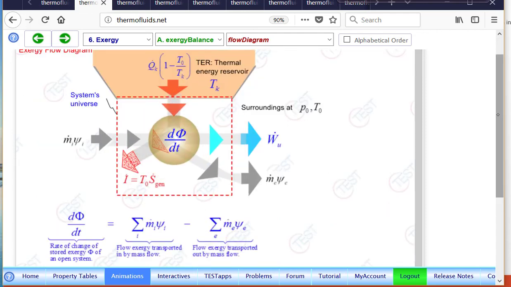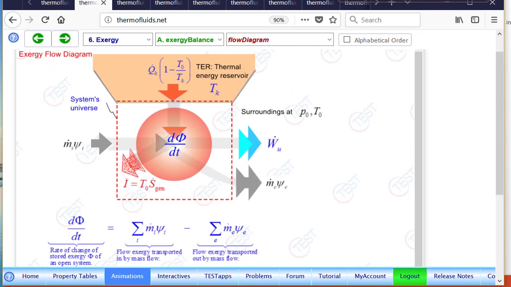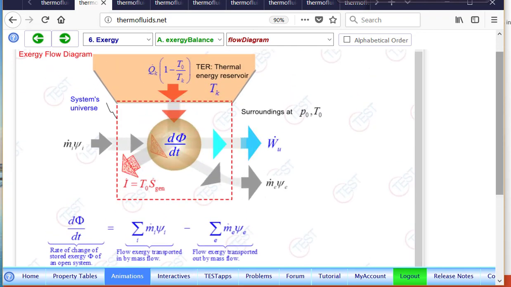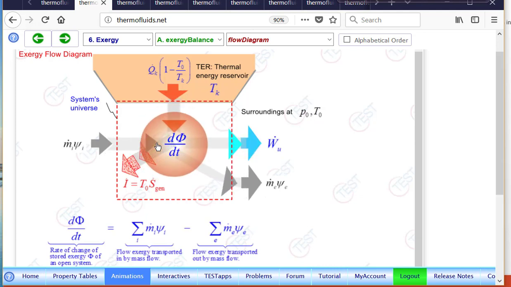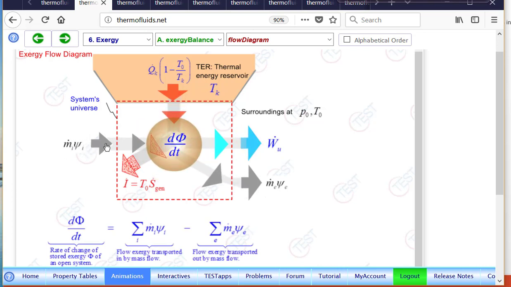So this is the exergy balance equation, for instance. It keeps track of useful energy of the system. And as you can see in this animation, it explains the exergy balance equation in a graphical way, that exergy in this balloon in the system can be seen to increase with time because exergy can enter with a flow shown by this gray arrow. Exergy can leave with a flow carried by the flow.